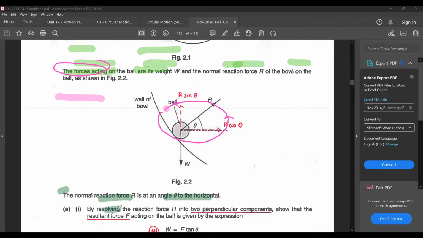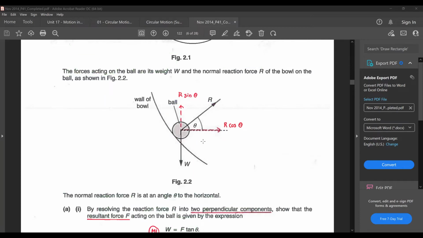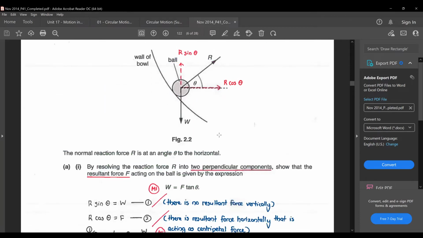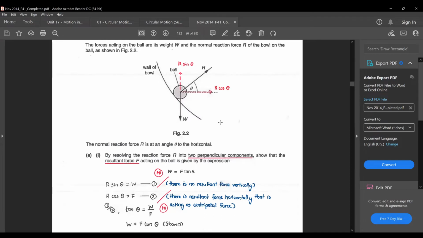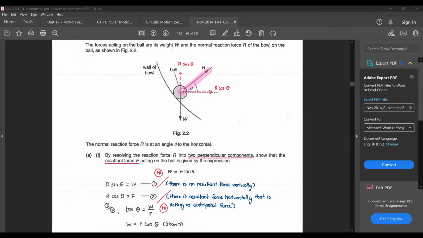Now, by resolving the reaction force R into two perpendicular components, show that the resultant force F acting on the ball is given by the expression W equals F tan theta. They gave you a hint already: this reaction force R is at an angle theta to the horizontal, resolve it into two perpendicular components.